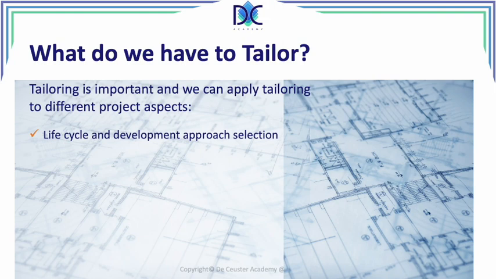What type of life cycle and what development approach is the best fit for the project? The processes: what are the processes we need and up to what level? We also have to look at engagement, the different tools we are going to use, the complexity of the tools, simple tools, more complex tools, the methods that we are implementing, and the artifacts that we are using.